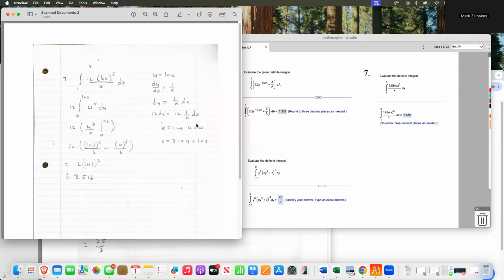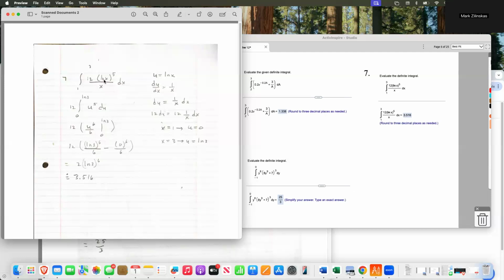Multiply both sides by 12. Now I'm accountable for that, so I'm going to replace this 12 over x dx with just 12 du, and I'm just going to write them in this order in terms of the multiplication. All right, so I replaced the 12 over x dx with 12 du.